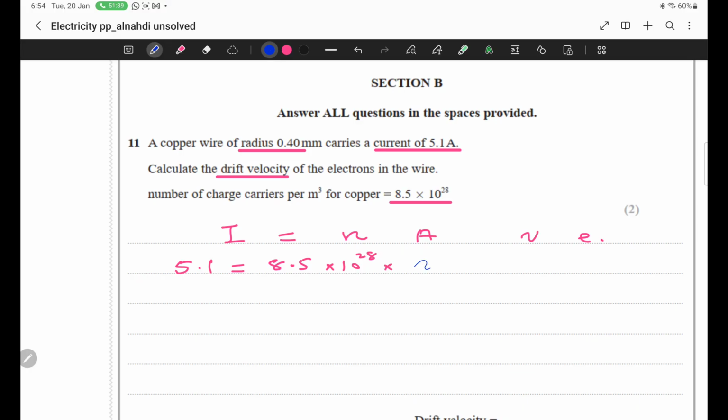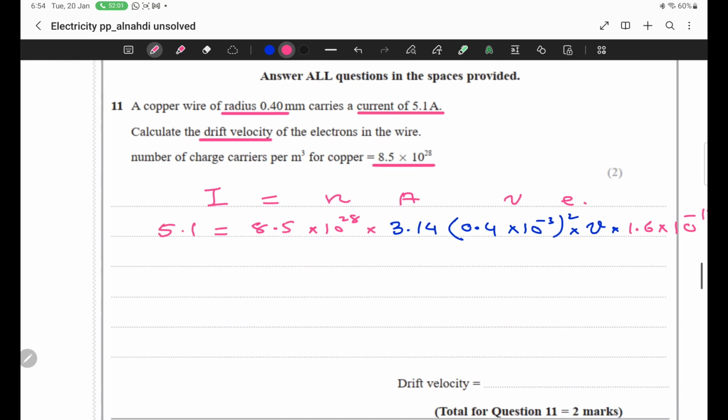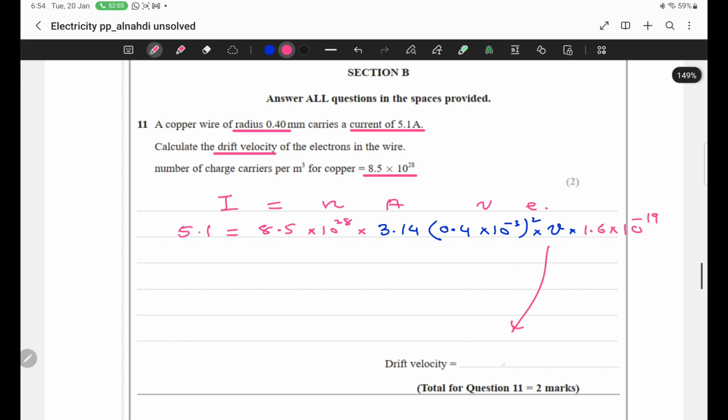To calculate area, we will use pi r square. E is the elementary charge, 1.6 exponent minus 19. So you can calculate drift velocity. Okay, recording is stopped.